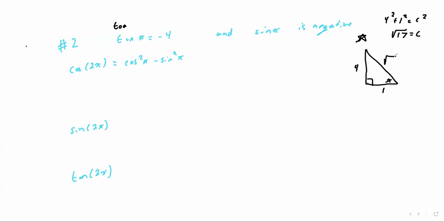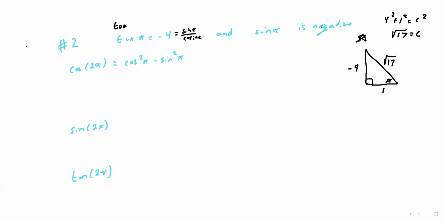So if I call this the square root of 17, you might be asking, well, where does the negative go? Sine is negative. So remember that tangent is sine over cosine. So therefore, the sine, which will be the negative, will in fact go to the 4.